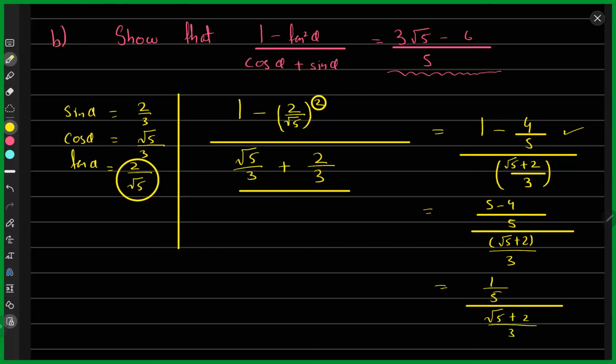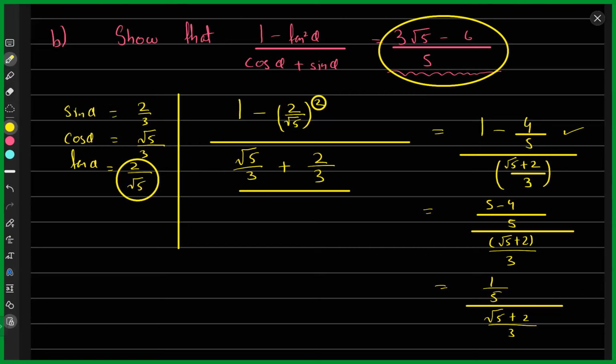Okay, so obviously we need to compare our working with whatever we have in the question because our reference point has to be what we need to prove. This is what we need to prove. All right.